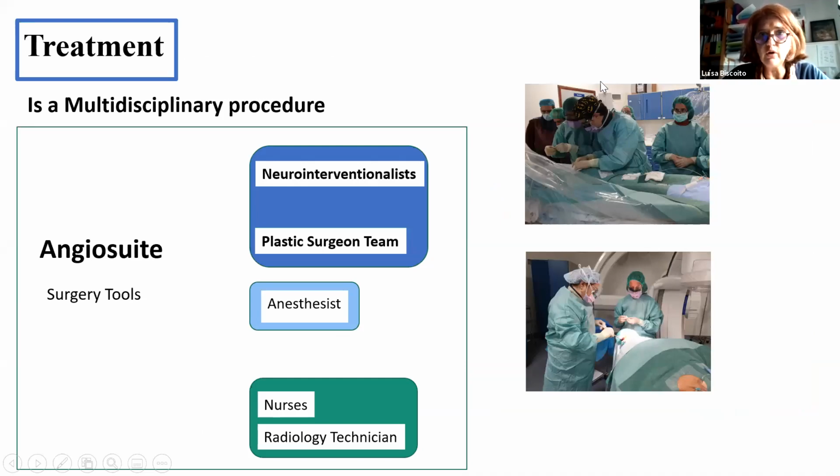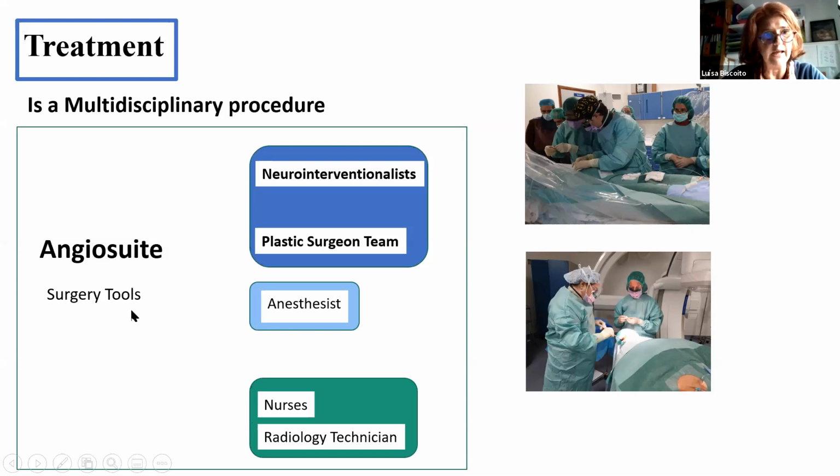We have the neurointerventional team, me, my colleague Gonzalo, my fellow Manuel, and the colleagues from the plastic surgery team, the senior and Inês, the fellow. We have the anesthetist, of course, because it's under general anesthesia, and nurses and radiology technicians.